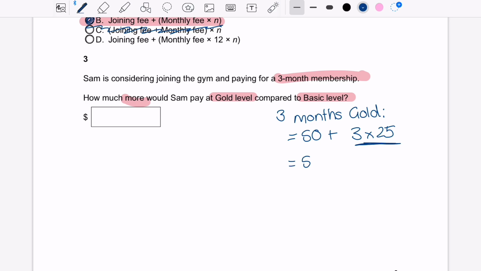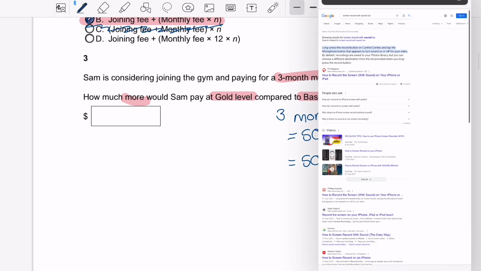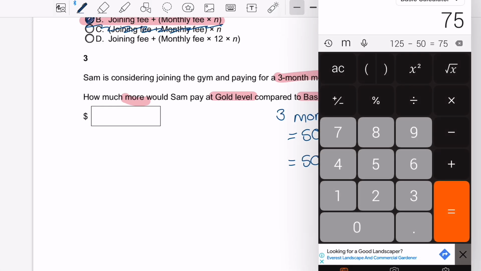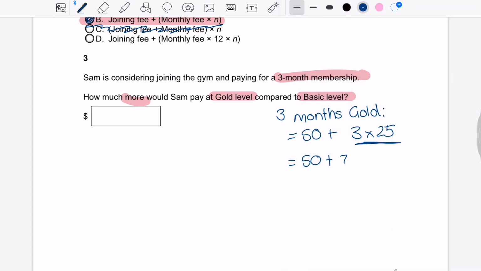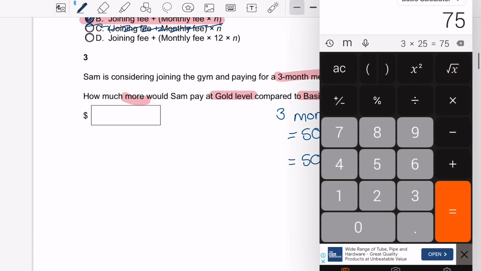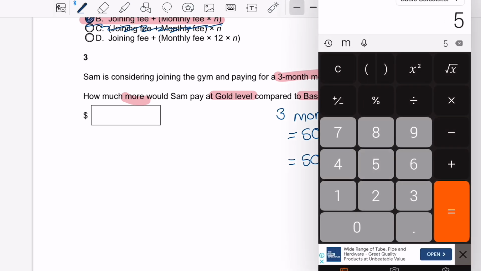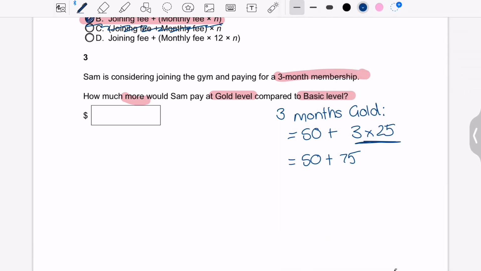So it's going to be 50 plus, bring up your calculator, 3 times 25. It's going to equal 75. And then 50 plus 75 going to equal $125. So that was for gold.